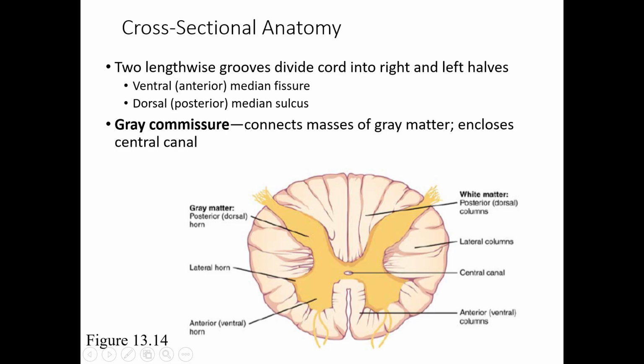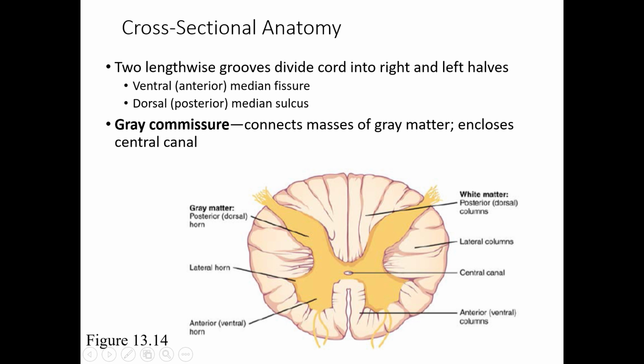Now we are taking the spinal cord only, without any meninges and coverings. The spinal cord itself is divided into two halves, and on the ventral side there is a median fissure, or anterior median fissure.